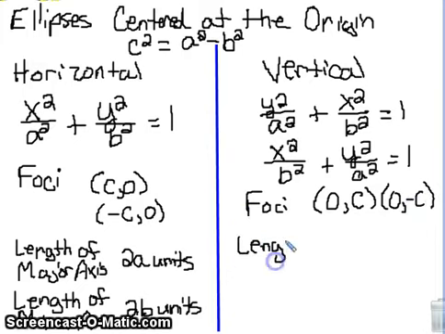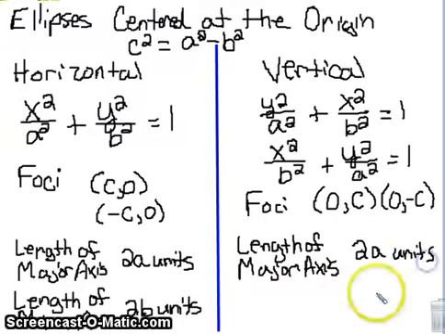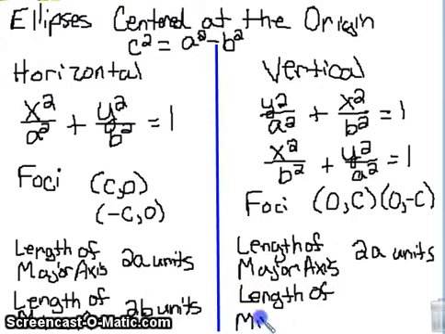The length of the major axis is going to be 2A units. And then the length of the minor axis is still going to be 2B units.